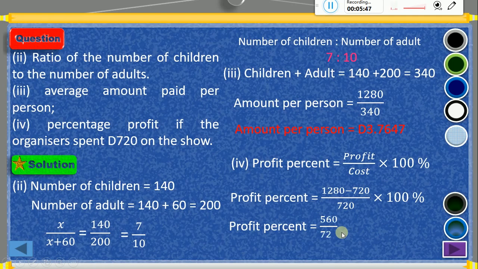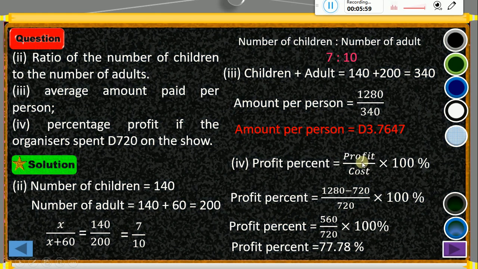Then you have 560 over 720 times 100. Profit will give us 77.78%. So that's the profit in percentage.